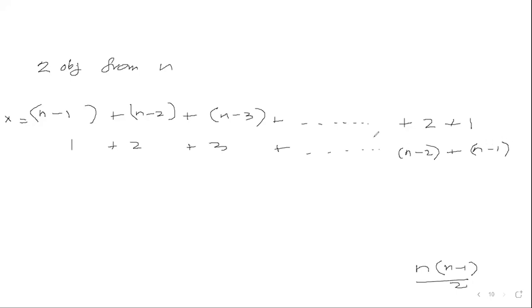When you've got something like this, you write it backwards, it'll give you the same answer. Whether you add from top to bottom or from bottom to top, there's no difference. And now what you do is you add these 2 equations. Right? What is x plus x? It's 2x, right?